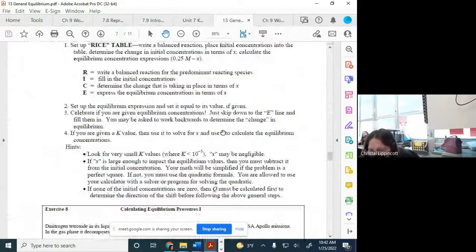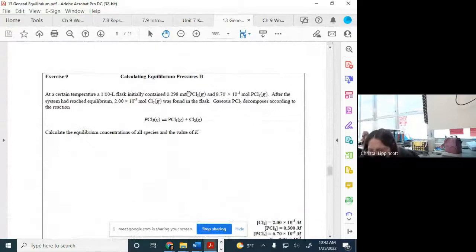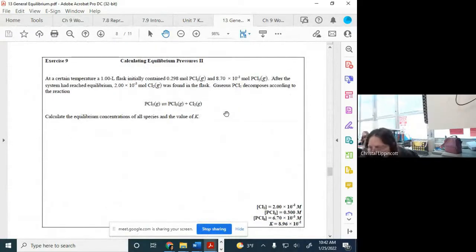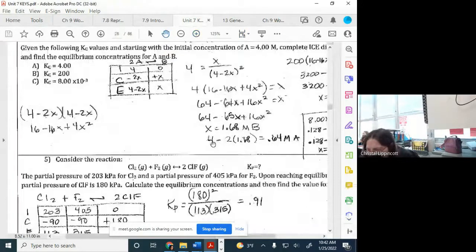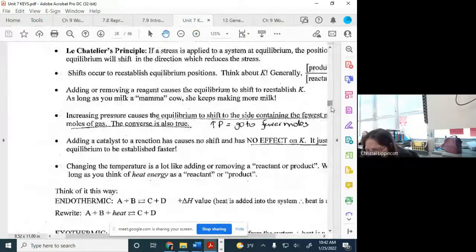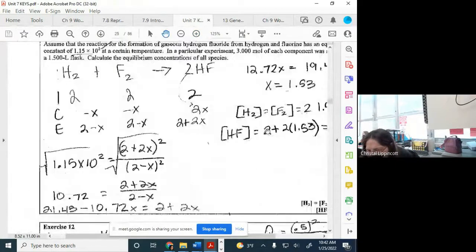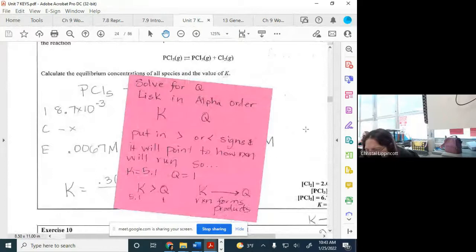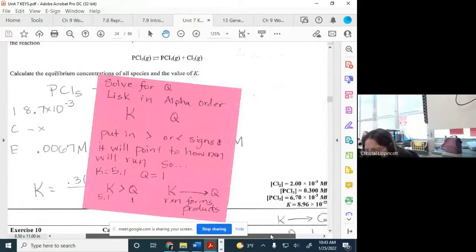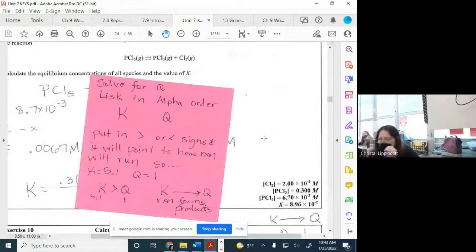Why did you only do number 5? Is this it right here? So exercise 9. Yeah. So if I go back over to my keys and I find exercise 9 up here. It's right here. Oh no, there's a big sticky note on it. Yeah, there is. But here's your answers. Oh my gosh, I didn't even do it right. I solved the wrong thing.